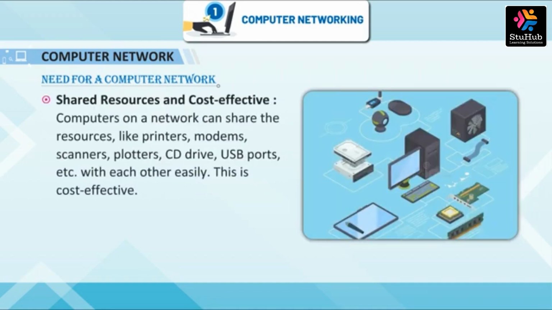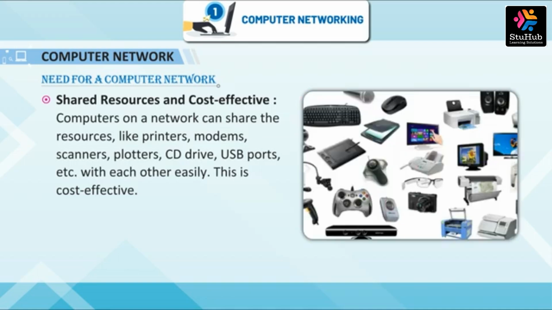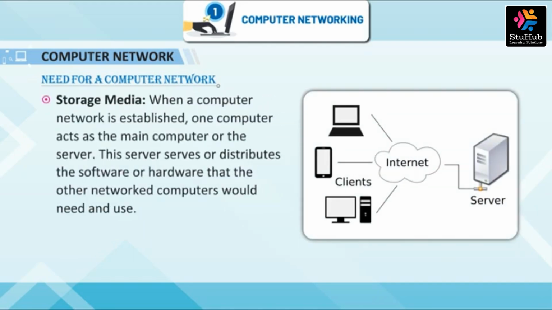Shared resources and cost-effective. Computers on a network can share resources like printers, modems, scanners, plotters, CD drive, USB ports, etc. with each other easily. This is cost-effective. Storage media. When a computer network is established, one computer acts as the main computer or the server.